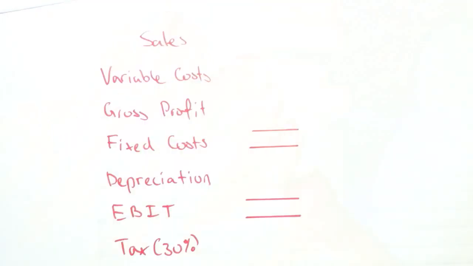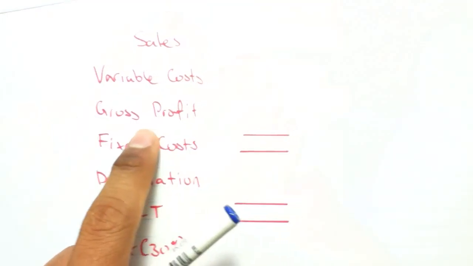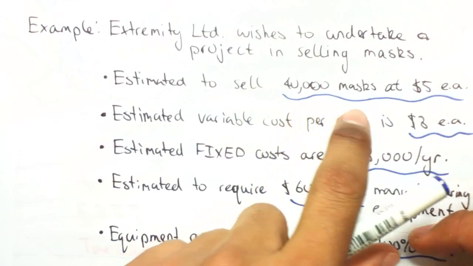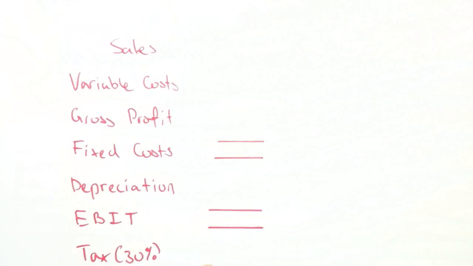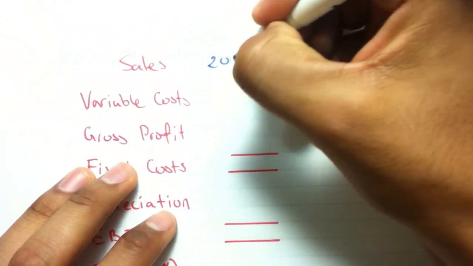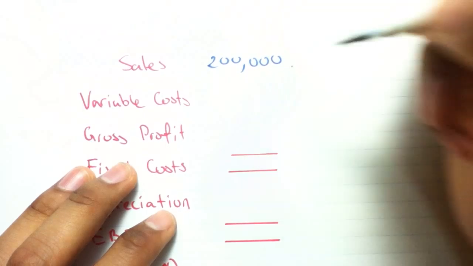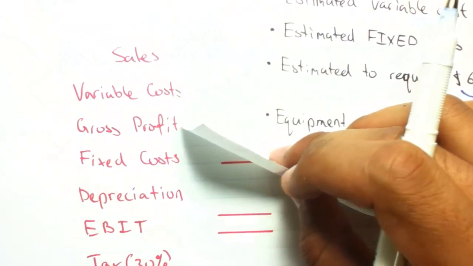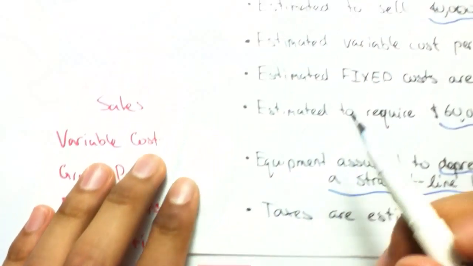So let's start with sales. What should our sales be? Well, we are estimated to sell 40,000 masks at $5 each. So it's 40,000 times 5, and that's 200,000, sorry. And what are our variable costs?